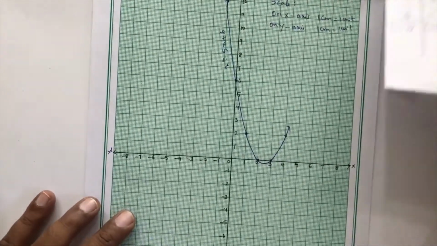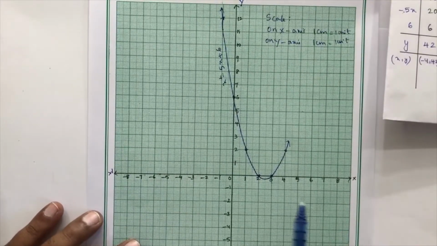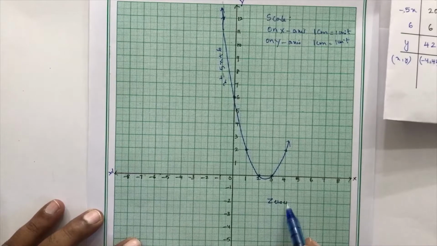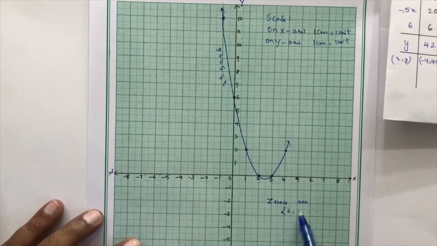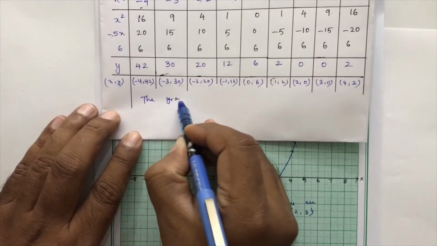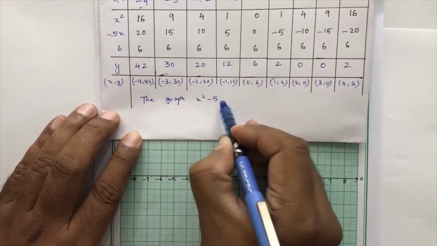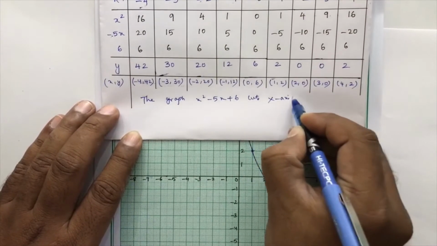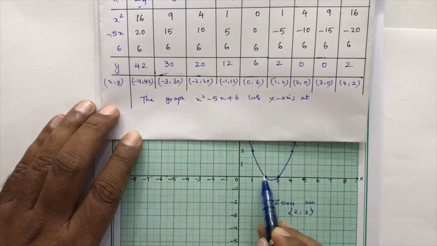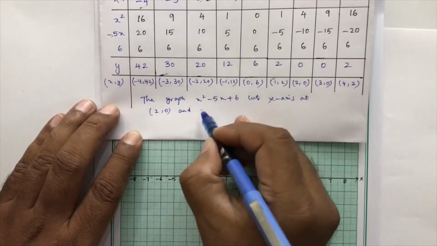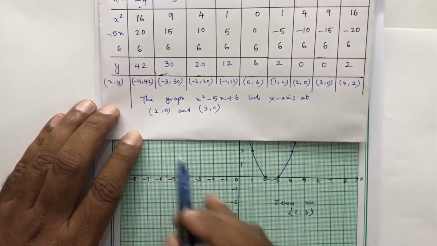At the end you need to write some points here. This graph cuts the x-axis at 2, 0 and 3, 0. Therefore, the zeros are 2, 3. Here at the end you can write that the graph x square minus 5x plus 6 cuts the x-axis at the point 2, 0, and another point 3, 0.